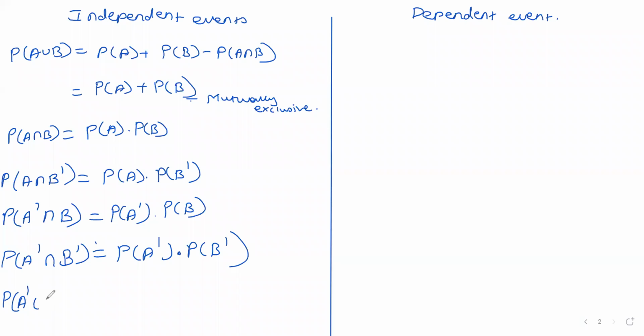P of A complement union B complement is P of A intersection B, bracket complement.